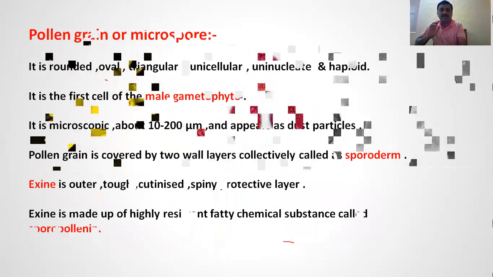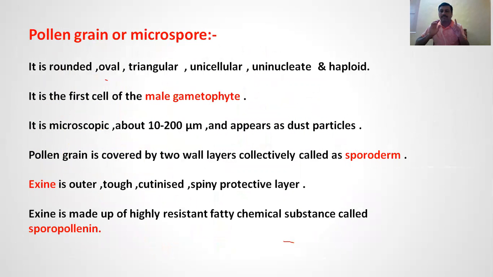It is mostly rounded, oval, or triangular in shape. It is always unicellular, uninucleated, and haploid, because only one nucleus is present with one set of chromosomes. It is the first cell of the male gametophyte. It is very small in size, ultramicroscopic, like dust particles.